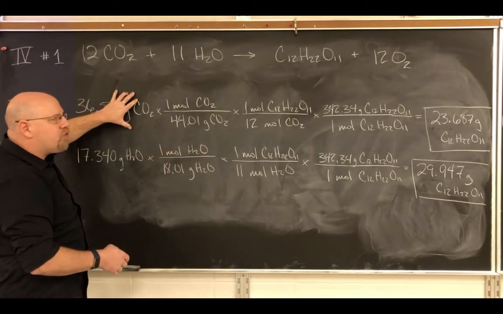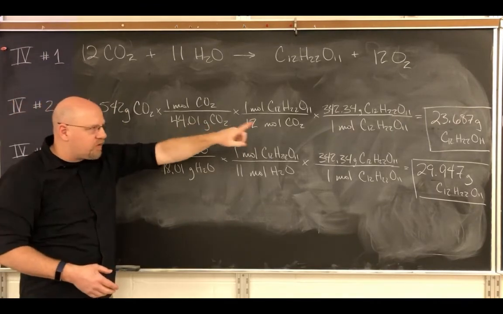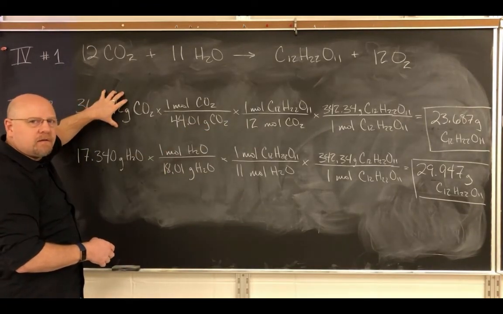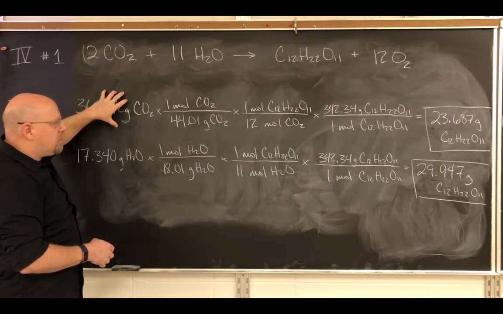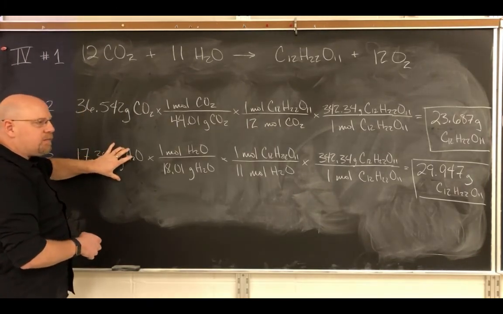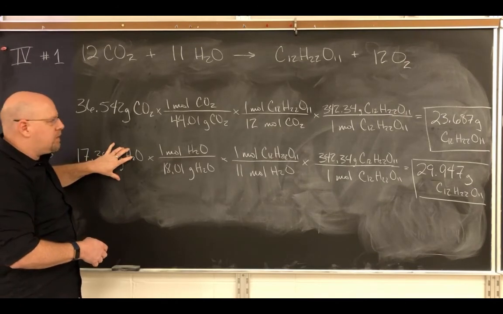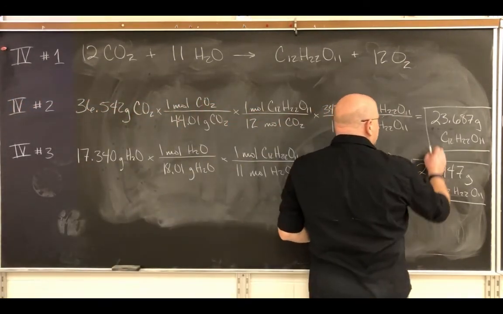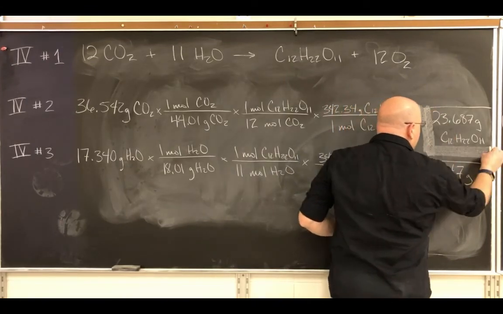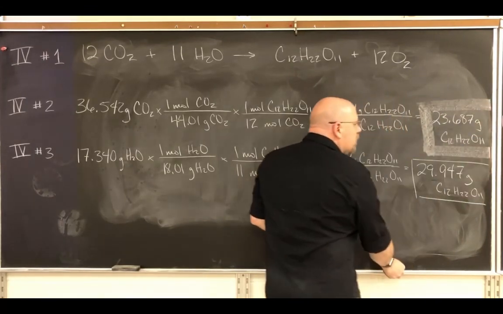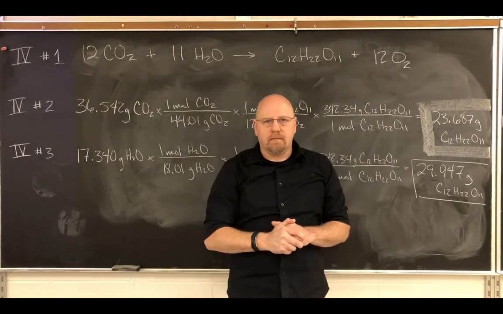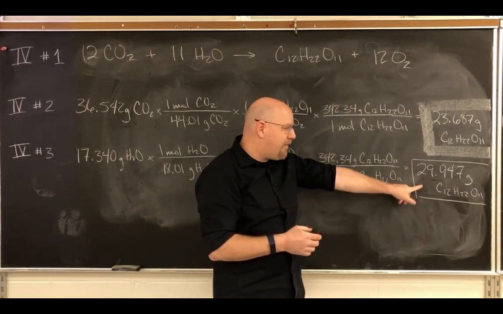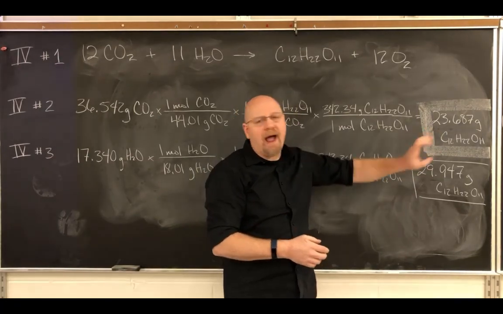Since this produces the least amount of product, it is called the limiting reactant. This then is the excess reactant. And this value right here is what we would call our theoretical yield, because that's the amount of sucrose that would be made, not this. And you never add those two together.